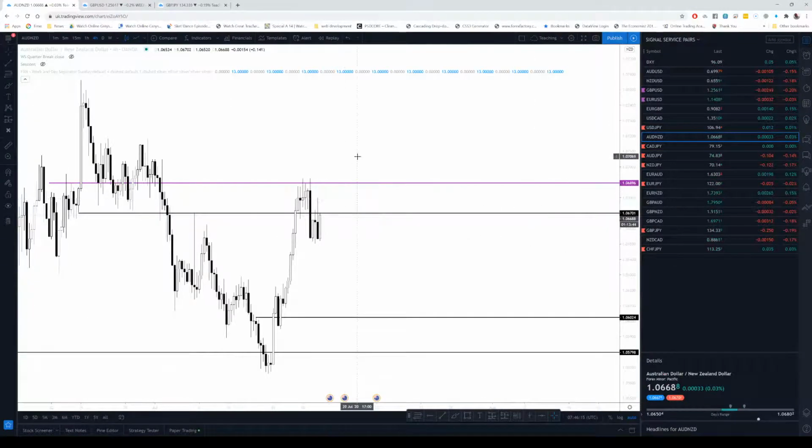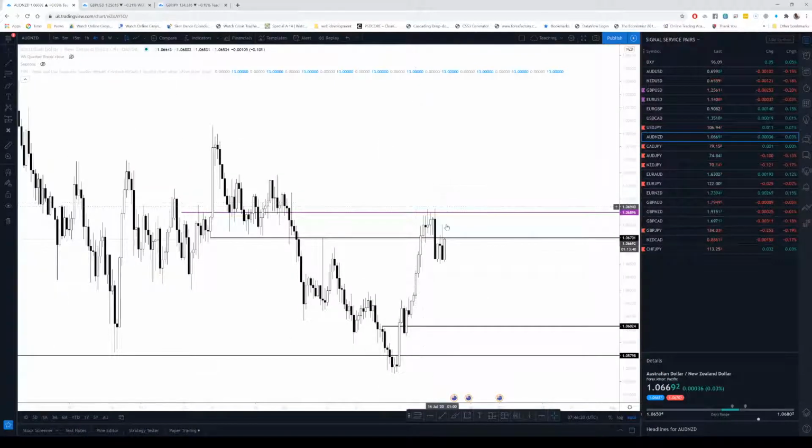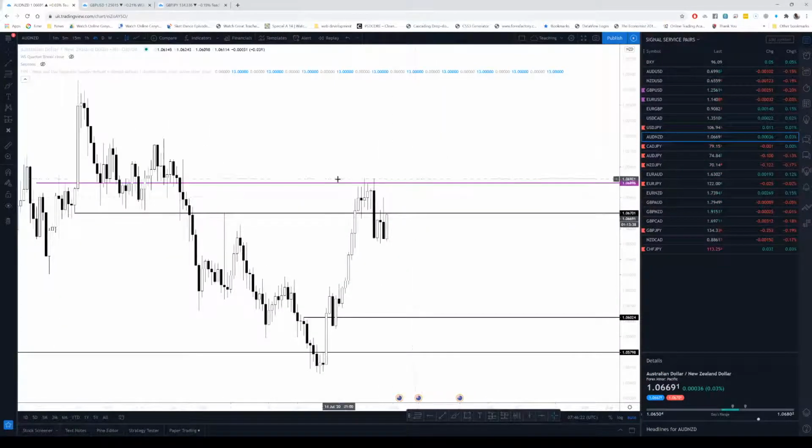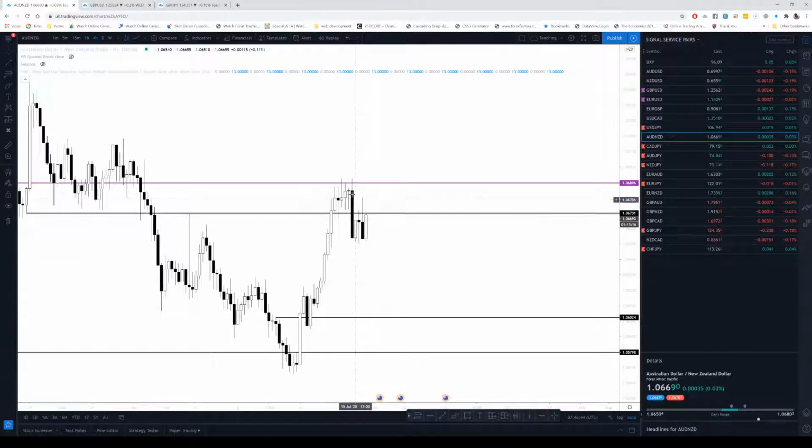Aussie New Zealand, beautiful. Yesterday I said that we were trading at a daily level and if price is to stop going up, it should stop here. It did give me that, I just didn't like this up candle.